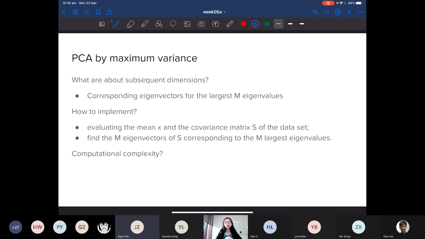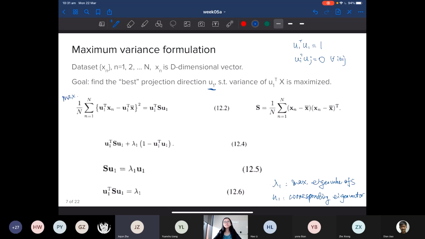Yes, okay. Could I ask a question about the last slide? Sorry, go ahead. Yeah, in this slide I'm not getting why we have known before that u1 is an orthogonal matrix.